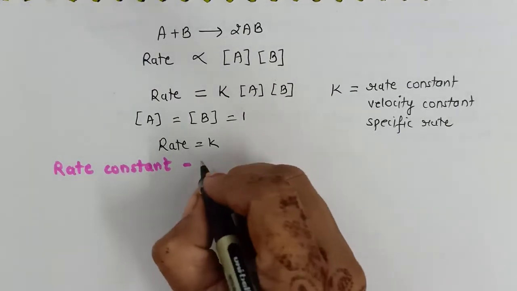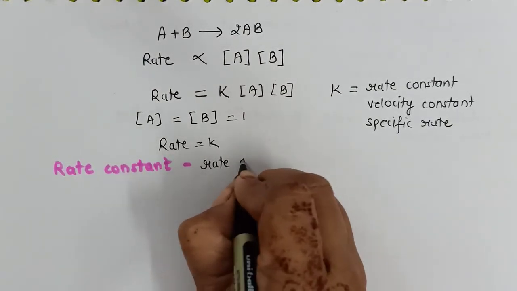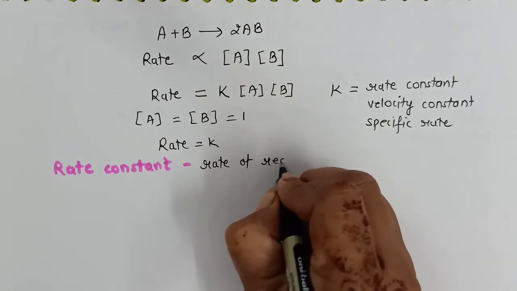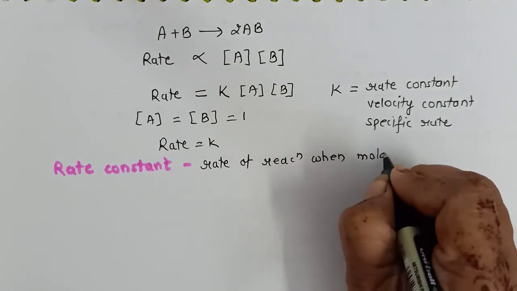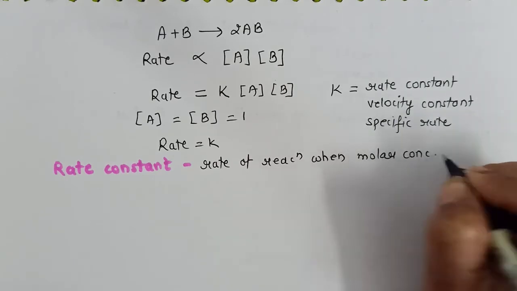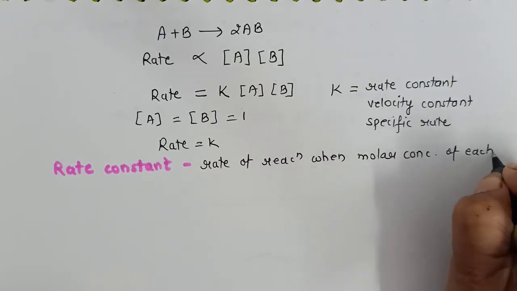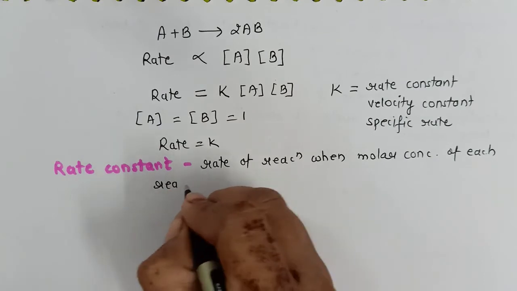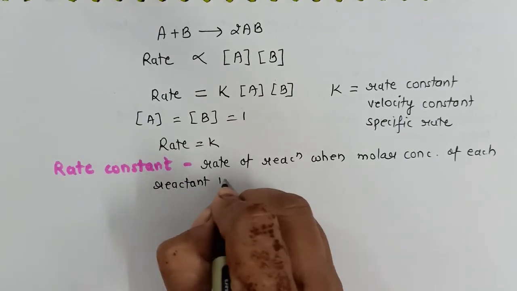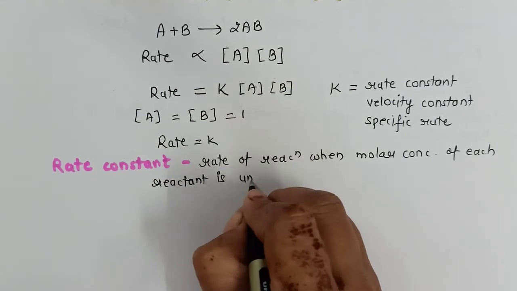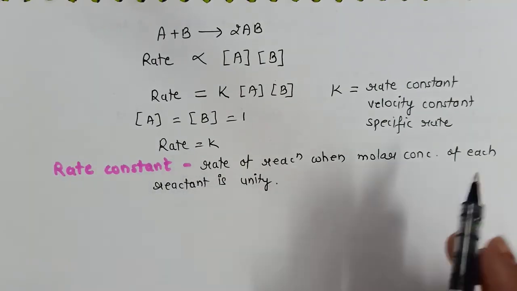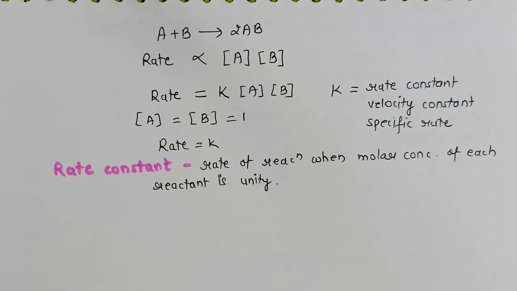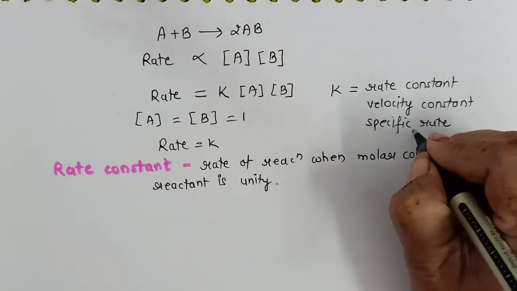It is the rate of reaction when the molar concentration of each reactant involved in the chemical reaction is unity, and therefore this rate constant is also called specific rate or specific reaction rate.